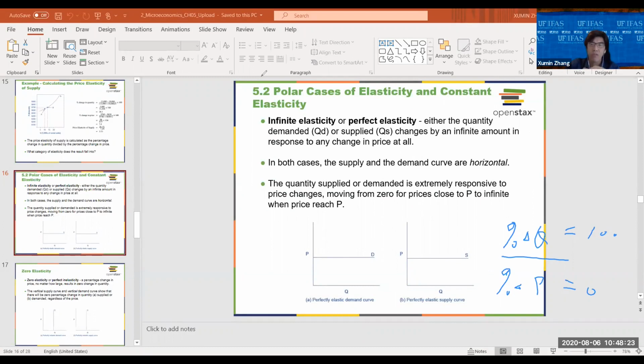The demand curve is a flat, horizontal line. This applies to supply in exactly the same way. If the price changes, there will be no supply at all.